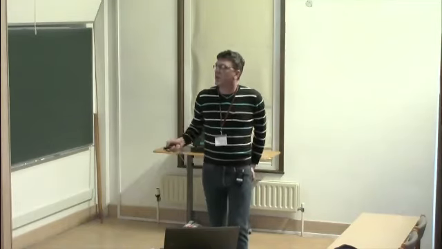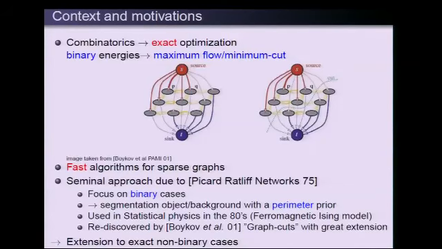That has been used in statistical physics to study the ferromagnetic Ising model, and it has been rediscovered for computer vision by Boykov et al. And I have to say that in this paper, they have very nice extension results for non-convex optimization, approximation algorithms. This paper is very important. The idea here is how can we extend that class of approach to non-binary energies.